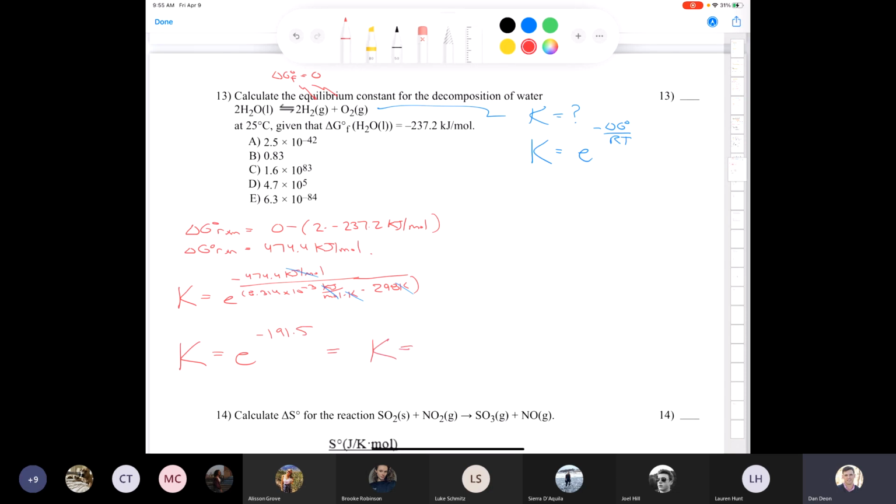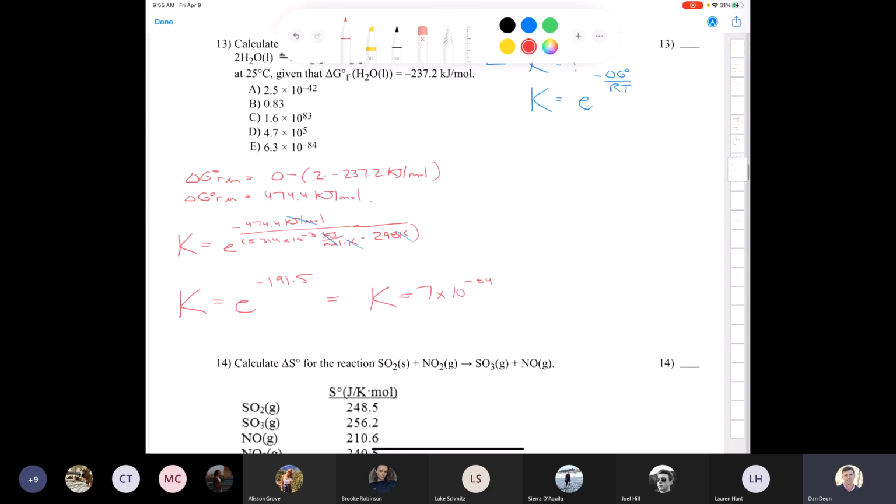K is going to be equal to, gives you, I get 7 times 10 to the negative 84 in this case. I'm going to have to come back to this one.